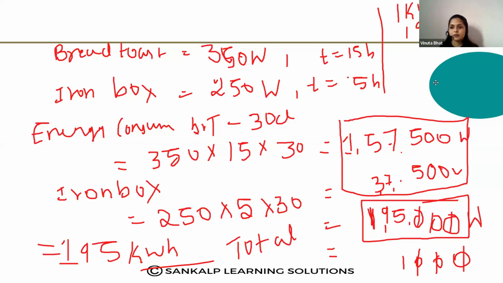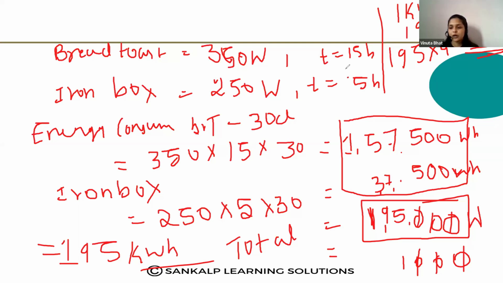So what you have to do? 195 into 4. That is equal to 780 rupees. What is the cost? 780 rupees.